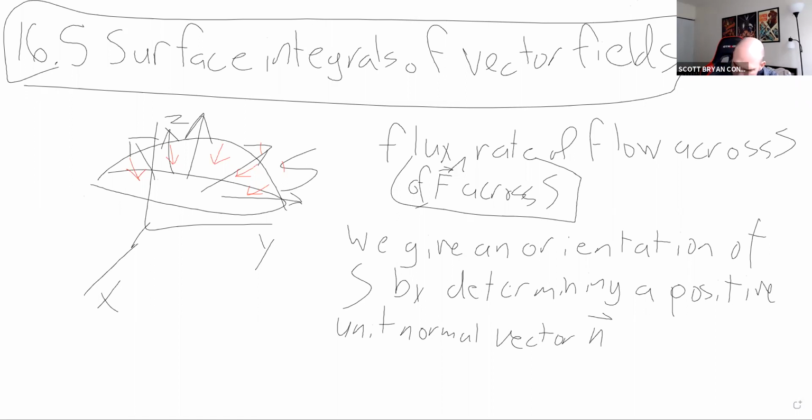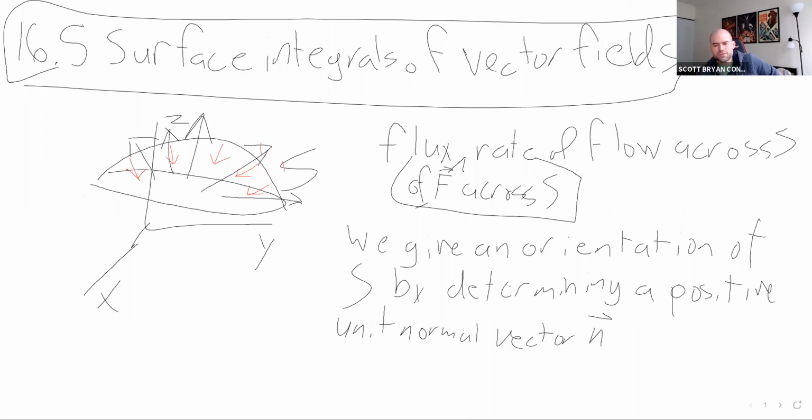So what we do is we look at the vector field at each point, and we take the dot product with the positive unit normal vector n. And that gives us the normal component of the vector field.